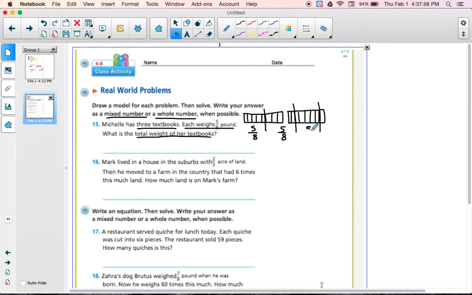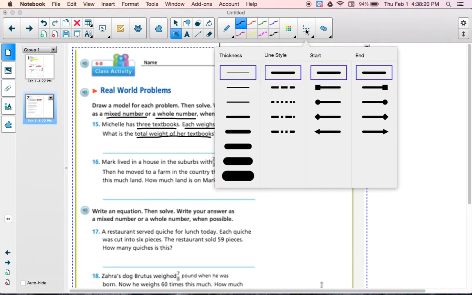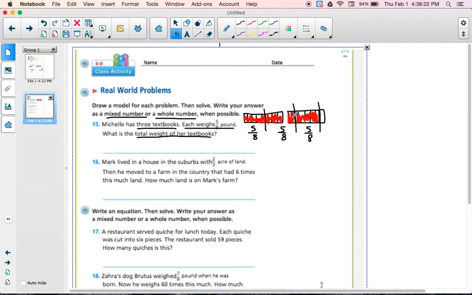There's another group of 5/8. Okay? I'm not going to worry about that out there. So let's see what I got here. Color that in. There's 5/8. That's 1, 2, 3, 4, 5, 6, 7, 8, 9, 10, 11, 12, 13, 14, 15. I have 15 eighths. So that's what they weigh.